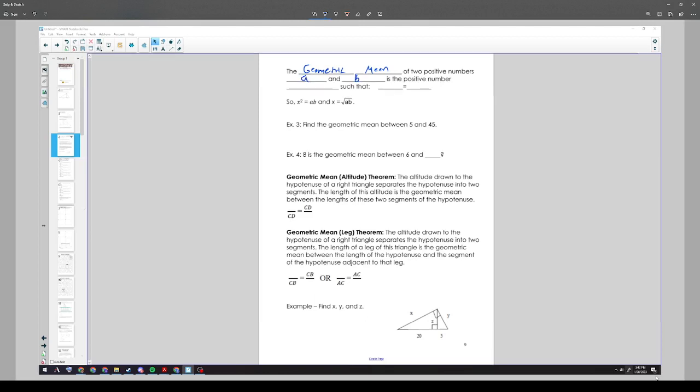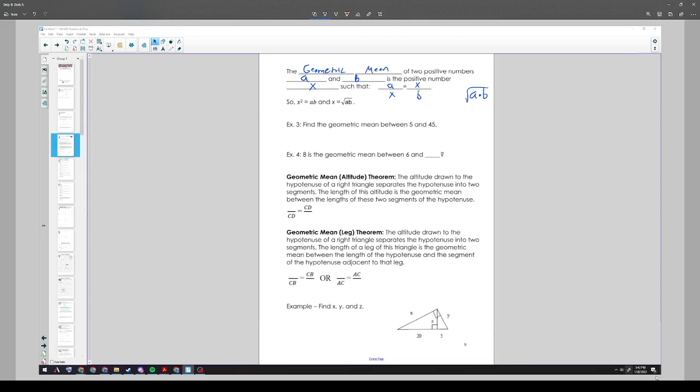I called them X and Y before, but the geometric mean here is going to be X. And it's going to be basically proportional such that A over X equals X over B. So this is a way of thinking of it in terms of a proportion, whereas before I said it was basically like A times B and the square root or 1/2 power of their product. But it ends up being the same thing. So if you cross multiply here and then square root the X, you end up with the same exact result.